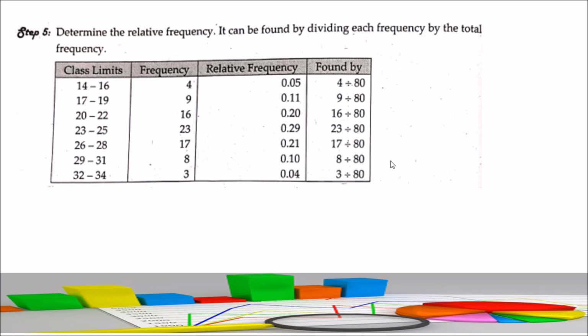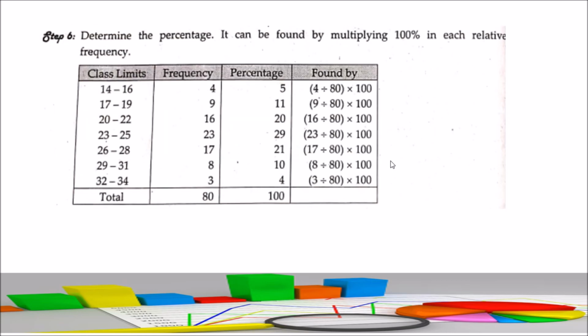Now let's proceed to step 6, determine the percentage. Simply, you multiply the relative frequency times 100 to give you the percentage. Again, multiplying by 100% each relative frequency. We know that 4 divided by 80 is the relative frequency from step 5. So 0.05 times 100 gives us 5%.